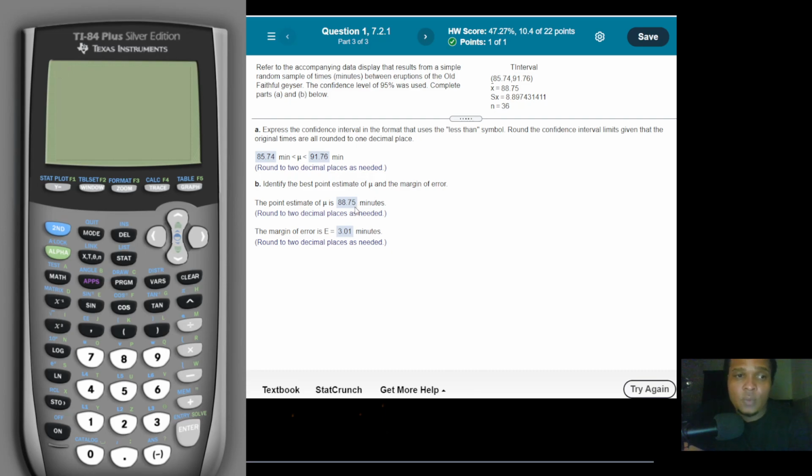So whenever they ask you for a point estimate, that's going to be your x bar, your mean, 88.5. Now, margin of error is going to be a little bit tricky, but hey, we have a confidence interval, so we can go ahead and use our little trick.